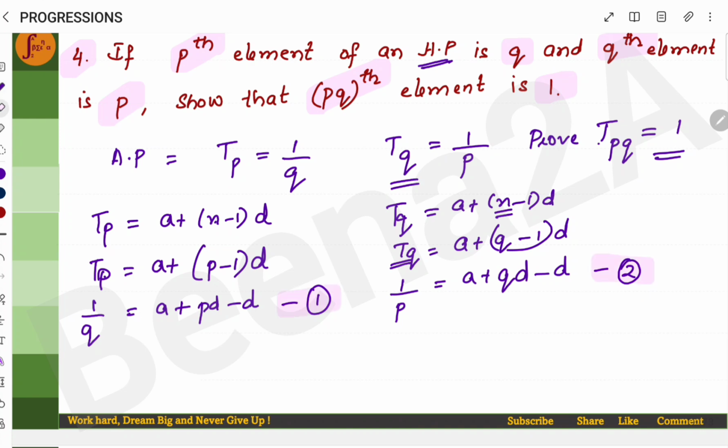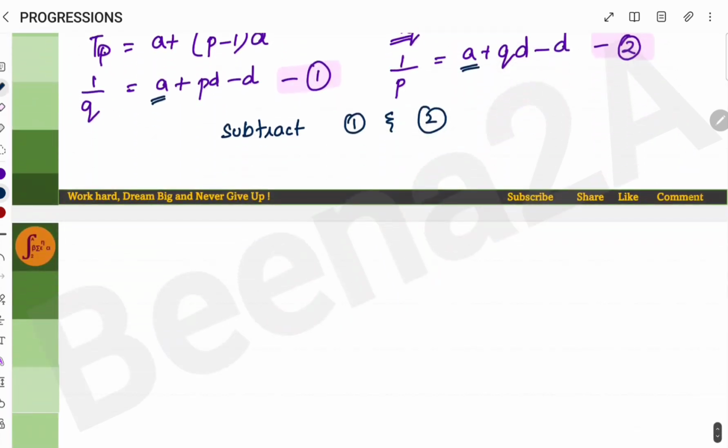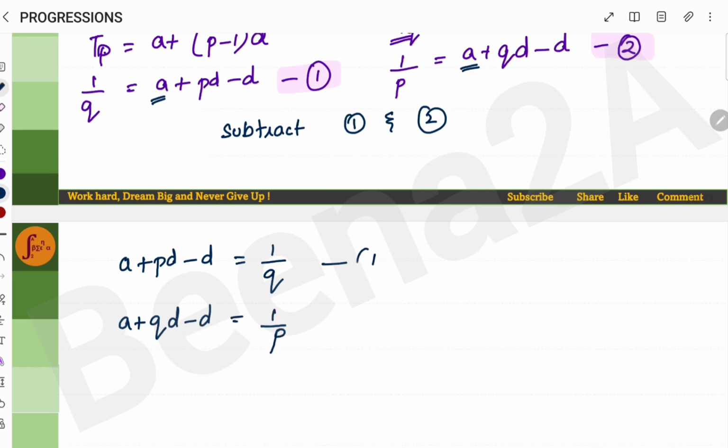Now what we will do is, we'll try to subtract, right? Like we did in earlier problems. We'll subtract equation 1 and equation 2 so that we can get rid of this A. So we'll take first equation, A plus PD minus D is equal to 1 by Q. We'll subtract this with A plus QD minus D is equal to 1 by P. So this is equation 1.